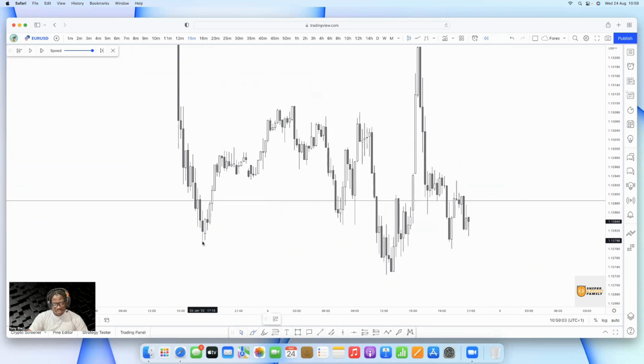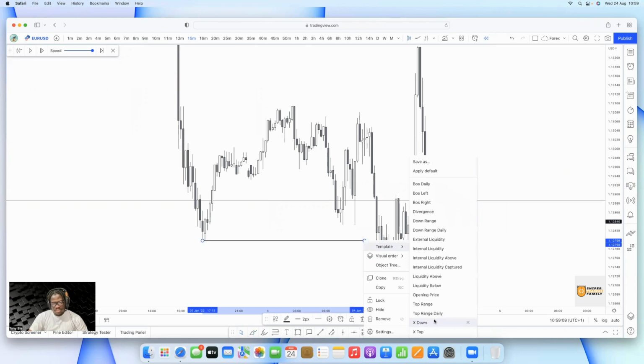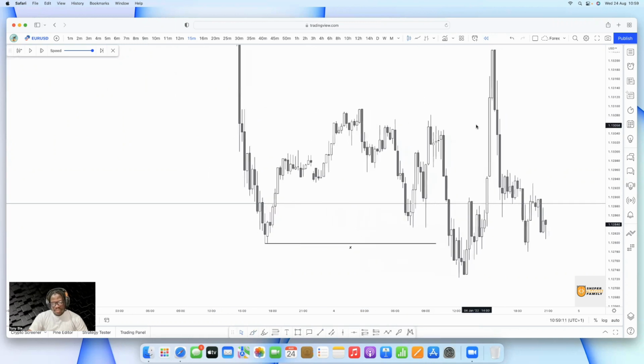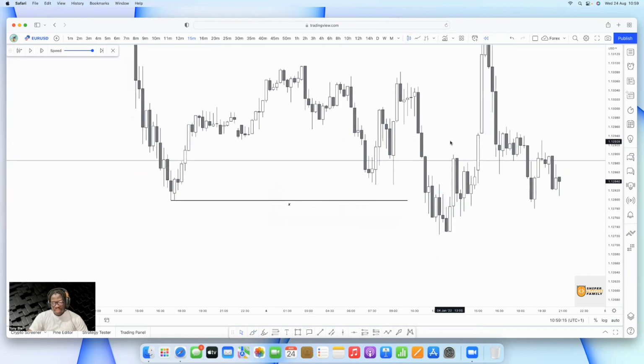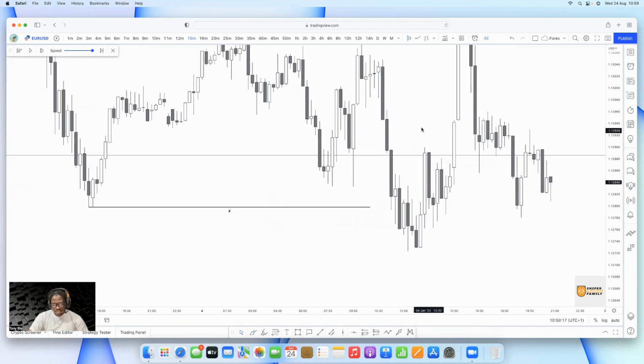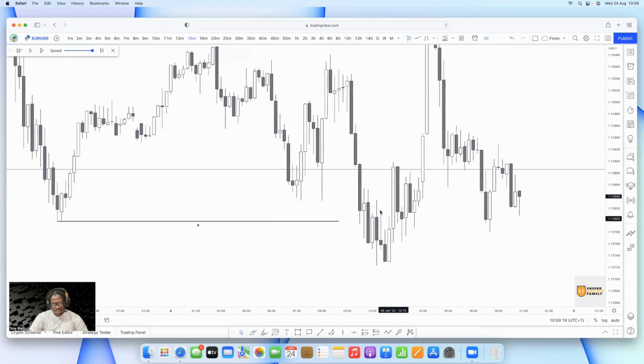This liquidity that was here, all of this liquidity here got what? Captured. So smart money captured this liquidity in this area. And now, if you were anticipating accumulation below lows, if you see it, you will know there is an opportunity here already. On a lower time frame, this would have been lower low, lower high, lower low, lower high, lower low. This would have been a break of structure in the lower time frame.